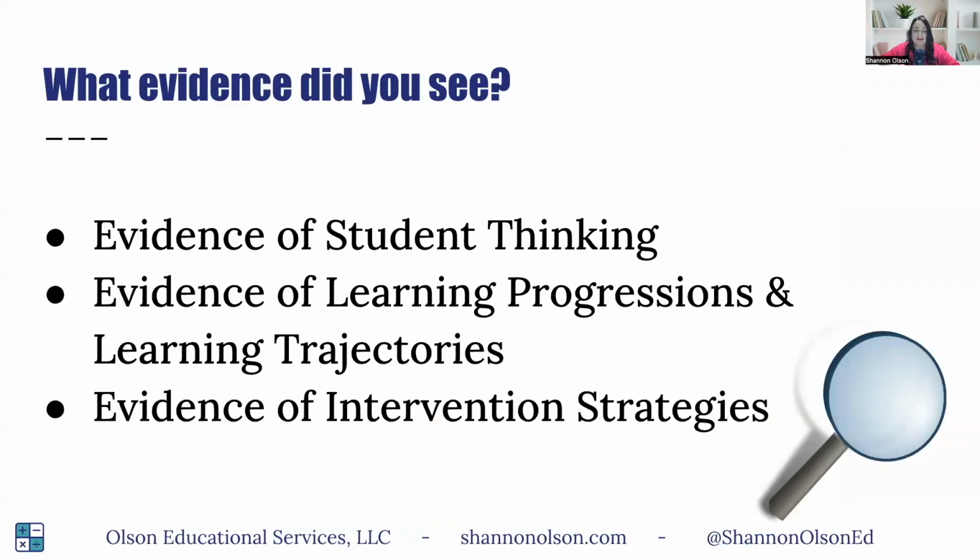Hey, I'd love for you to think about what did you see in those videos for intervention, evidence of student thinking, evidence of learning progressions, and evidence of intervention. I saw the students making sense of what it means to divide. I feel like they were actually understanding we have a total amount of items and we need to share them equally.